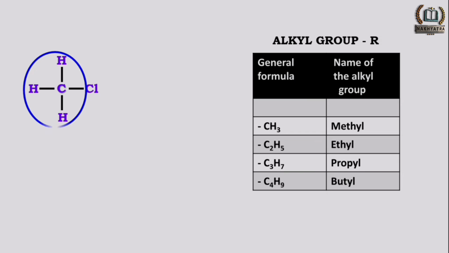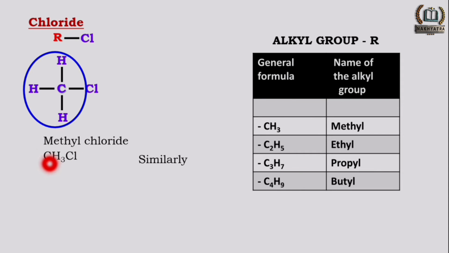The alkyl group is represented by R, and this is chlorine, so this is your chloride. The compound name is methyl chloride. Methyl is coming from this portion, and chloride from this portion. So the chemical formula is CH3Cl.